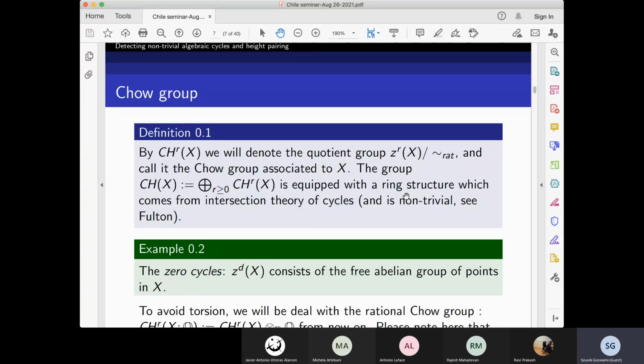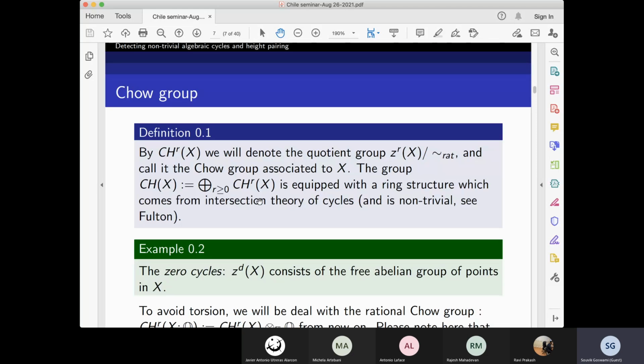If you take one subvariety of codimension r and another of codimension s, then you can intersect them and get a new subvariety of codimension r plus s in a particular way. It's not so easy as just intersecting.